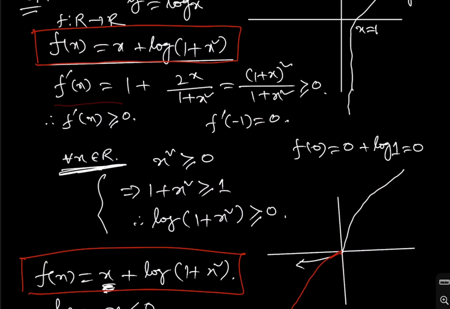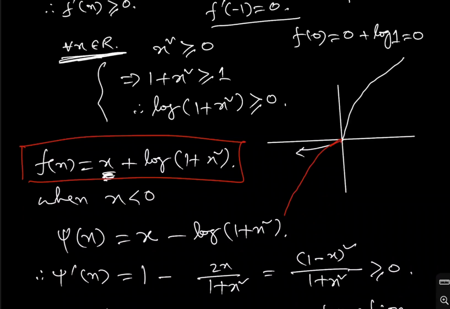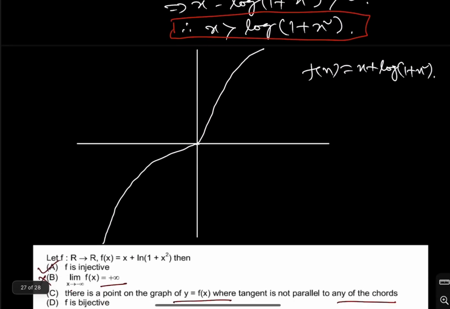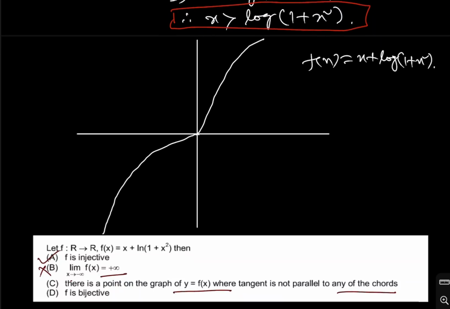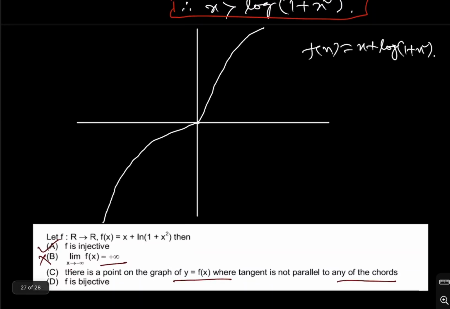So as a result, f dash minus 1 is 0. So at x equal to minus 1, the tangent will be parallel to the x-axis.